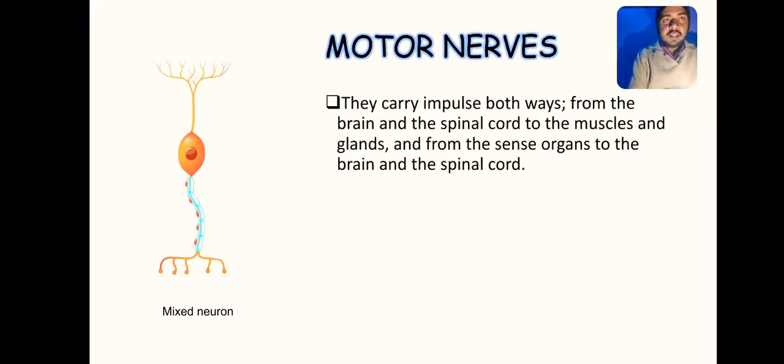Okay, they carry impulses both ways, from the brain and the spinal cord to the muscles and glands, and from the sense organs to the brain and the spinal cord. So mixed nerves are those nerves which are not dedicated to carrying only one type of information.